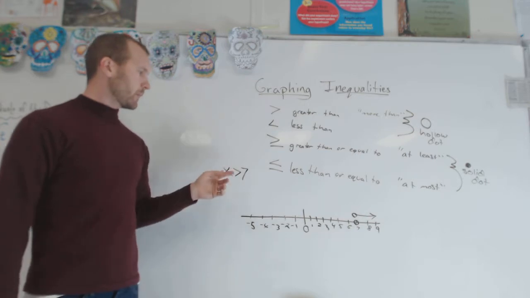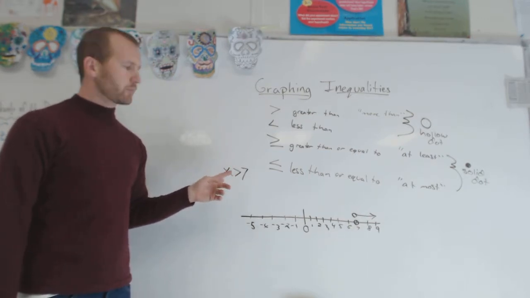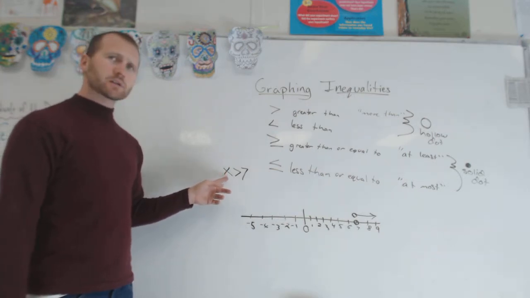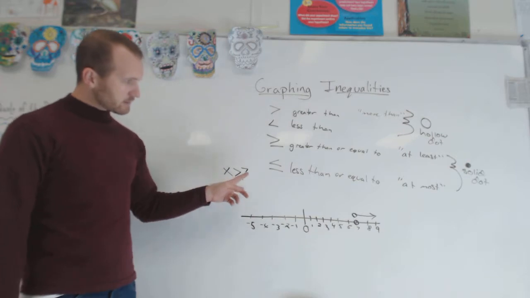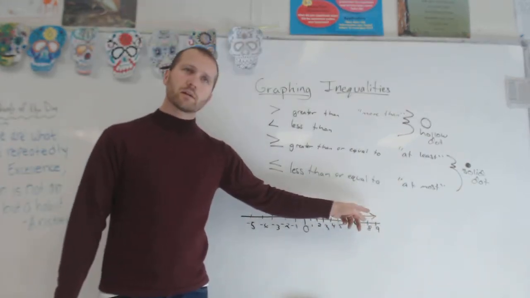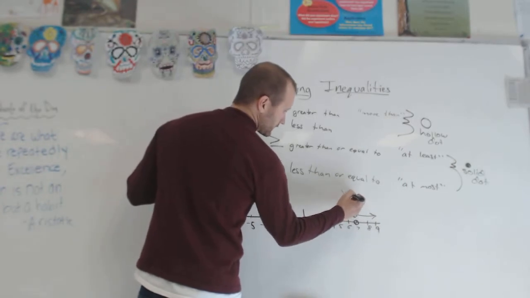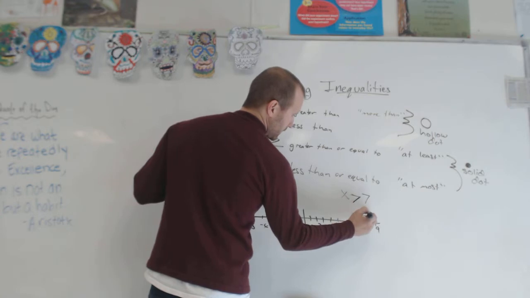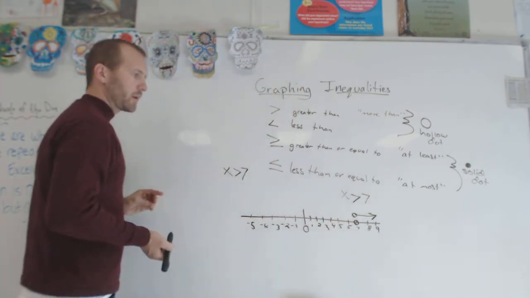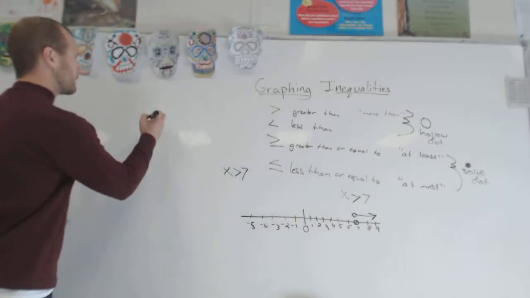Now, one really useful trick, as long as you write x first, the way this points is the way your arrow will point. So do you guys see this? I wrote this here like x is greater than 7. This points the same way as my arrow, which is a useful trick. Okay, let's do another one.